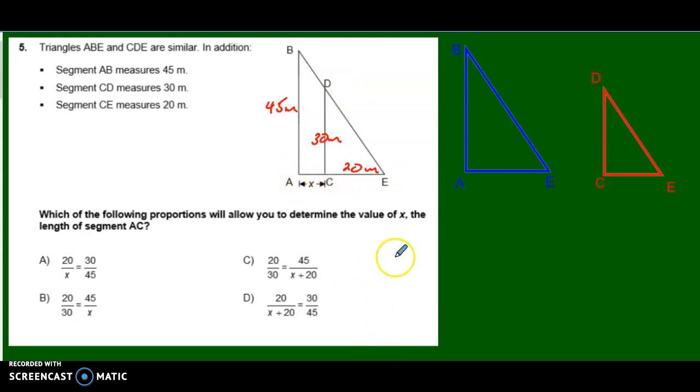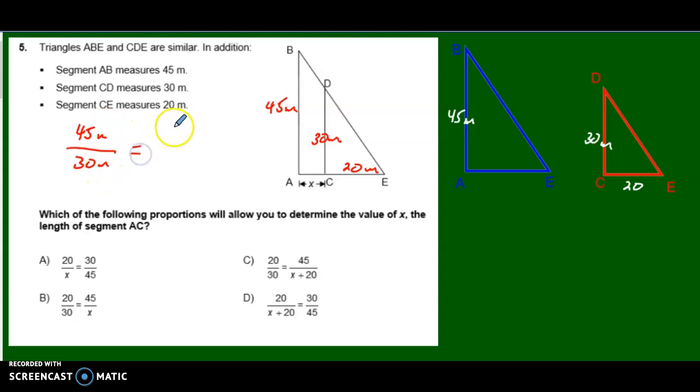So I can write the numbers here. This is 45 meters, this is 30 meters, and this is 20 meters. This here is x, the difference between the two. So let's write the proportions. Big height over little height, so big, small.